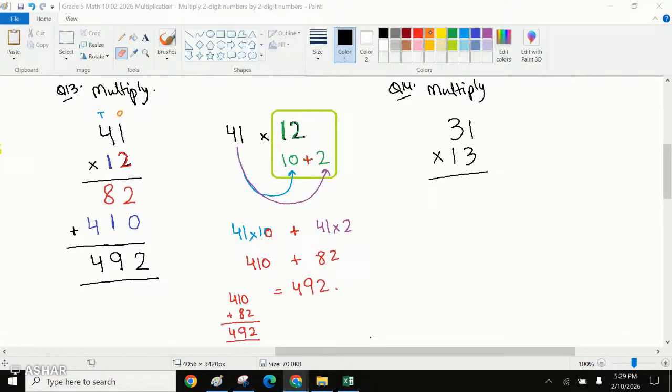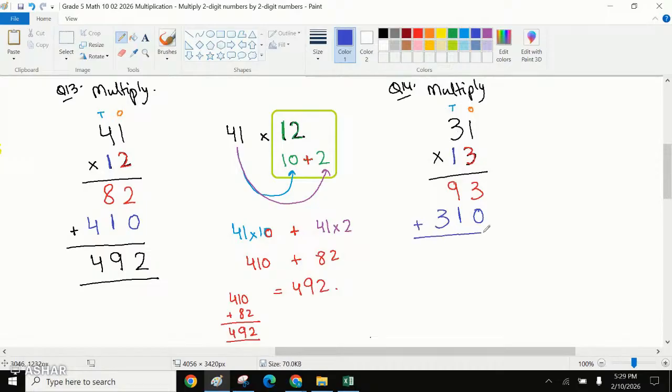So let's see if these were the ones and these are the tens. So 3 multiplied by 1 is 3. 3 multiplied by 3 is 9. Then we have the ones. We put a 0. 1 multiplied by 1 is 1. And 1 multiplied by 3 was 3.